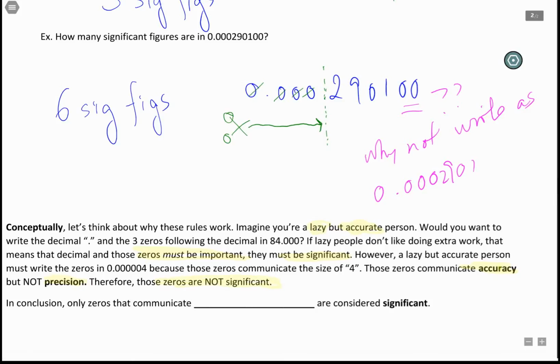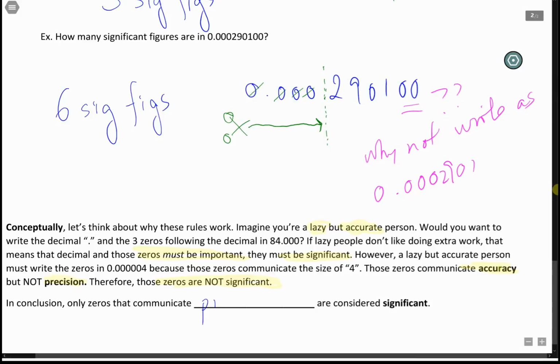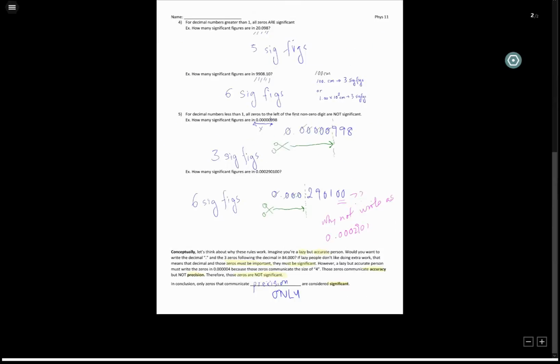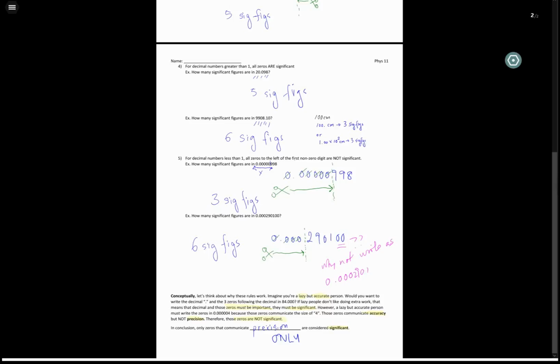In conclusion, only zeros that communicate precision only are considered significant. So you can go through each of these examples and take a look at the function of these zeros.